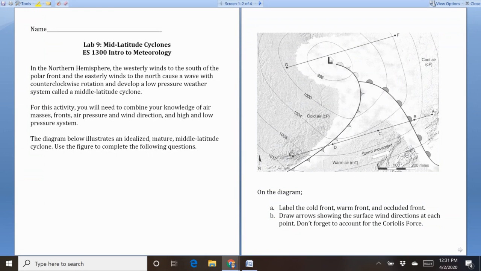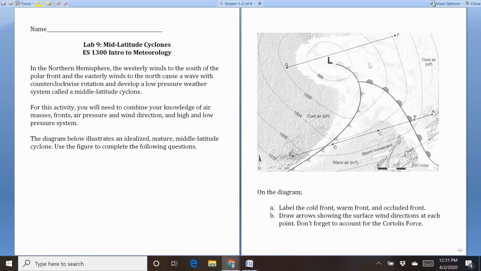Here's the low pressure on the diagram on the right, and the winds are going to be swirling around it in a counterclockwise motion. So for this lab, we have to take everything we've learned from the air masses and fronts and pressure and wind direction and convergence and divergence and basically put it all together in one big lab.